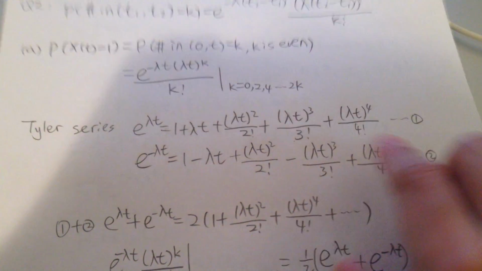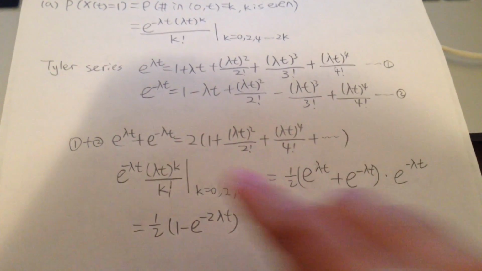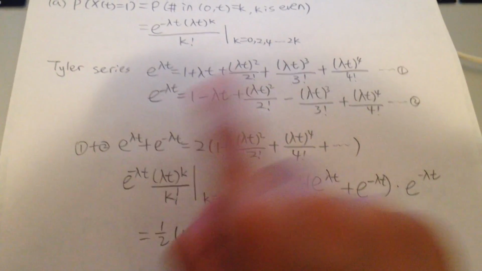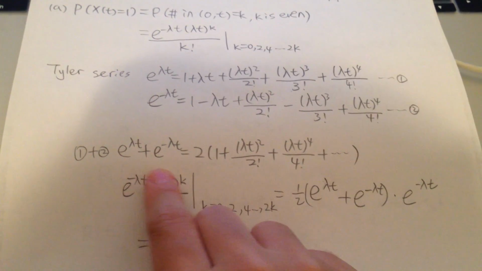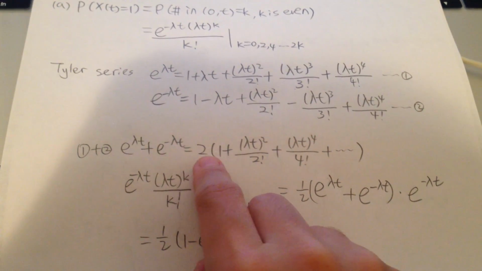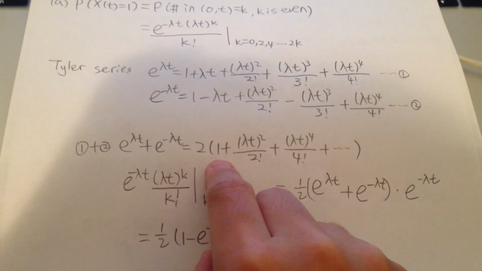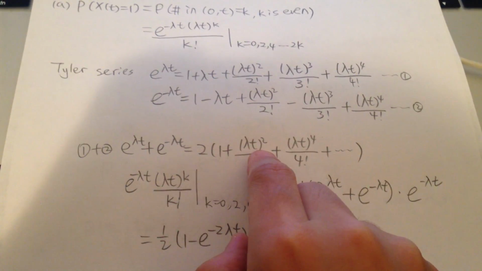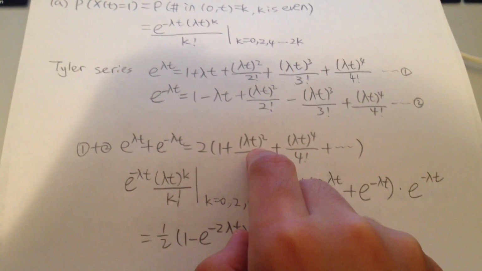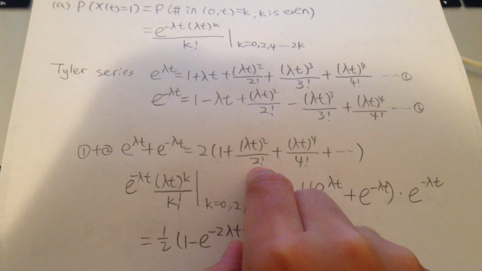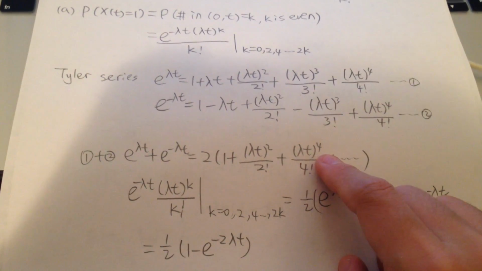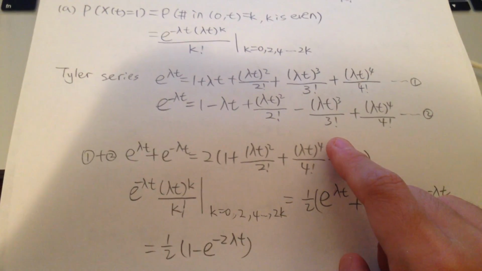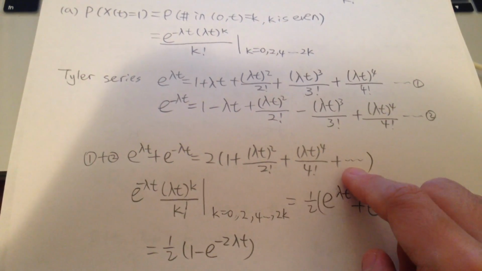This is function 2. Now we just need to add function 1 and function 2 together. Then we get 2 times 1 plus (lambda t) squared divided by 2 factorial plus (lambda t) to the power of 4 divided by 4 factorial, and so on.